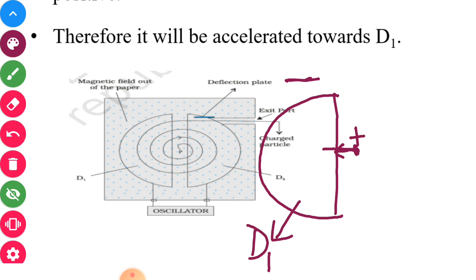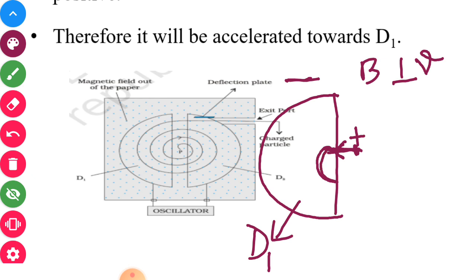And it will produce circular motion because the magnetic field and velocity are perpendicular to each other. Magnetic field is coming out of the plane of the screen and velocity is in the direction towards left. So both are perpendicular and therefore it will produce circular motion.